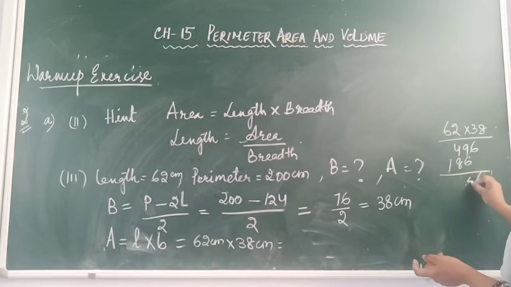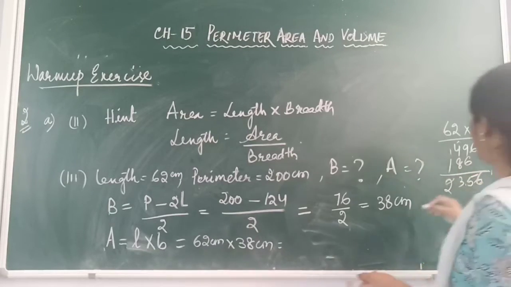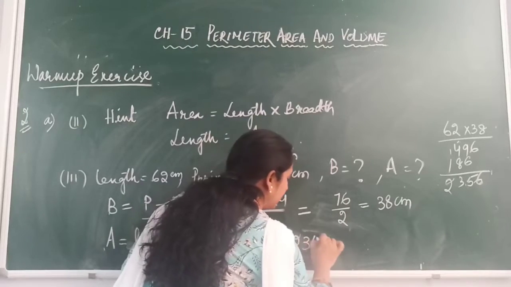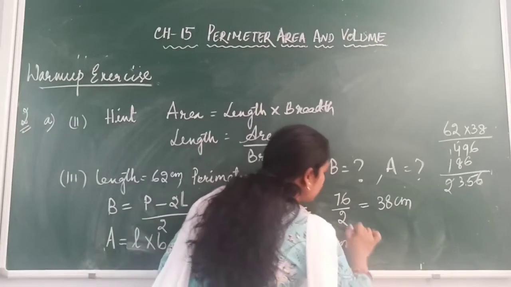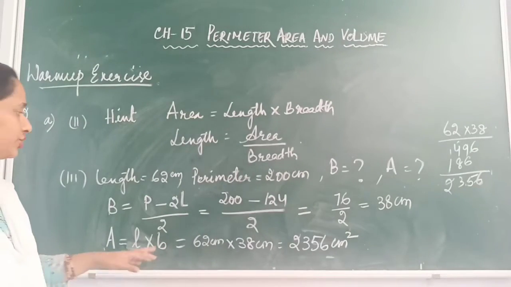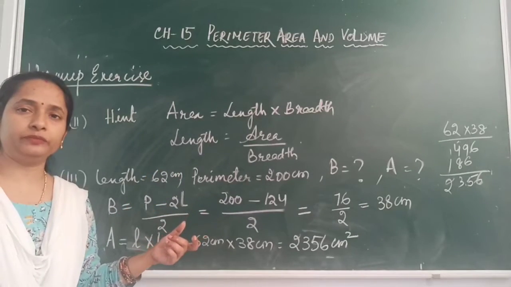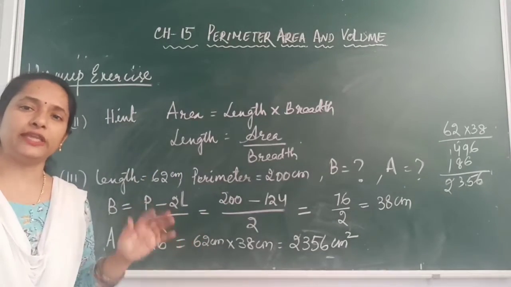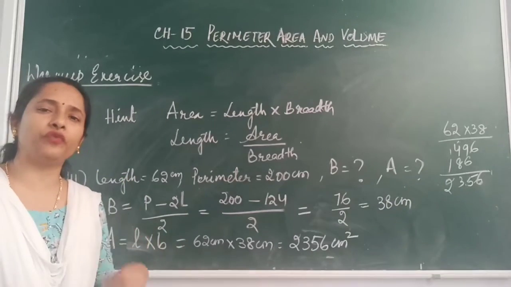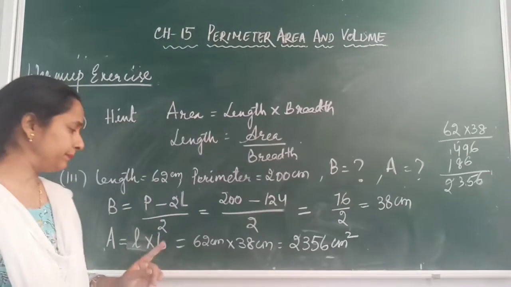So you get 2356 centimeter square, or square centimeter. Whatever you want to write, you can write. So when any one of the terms is missing, simply try to find out which formula can be applied to solve this. That's it. Okay?